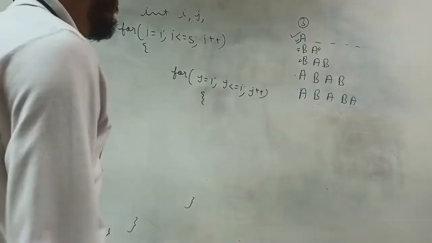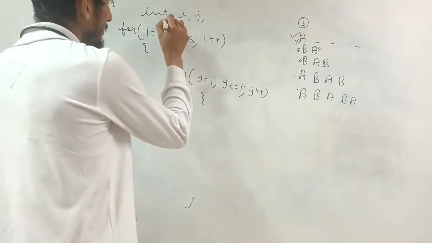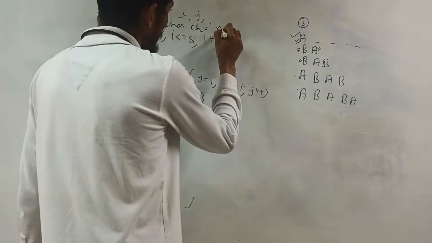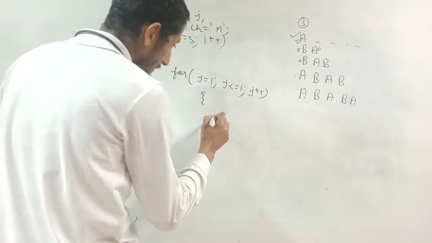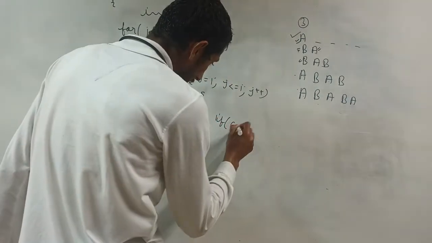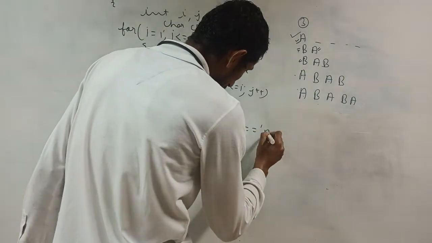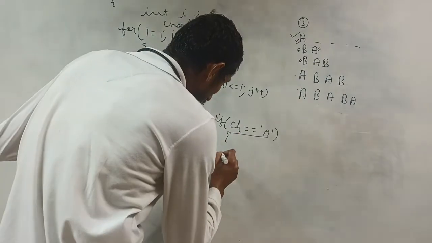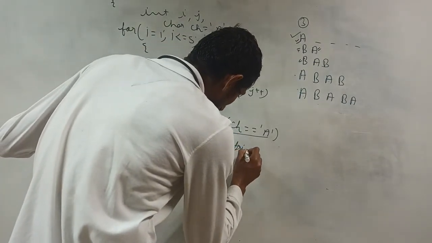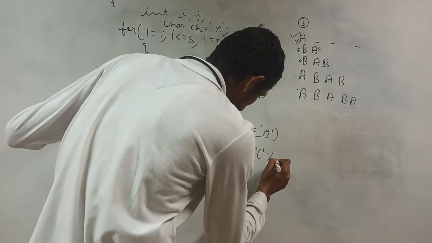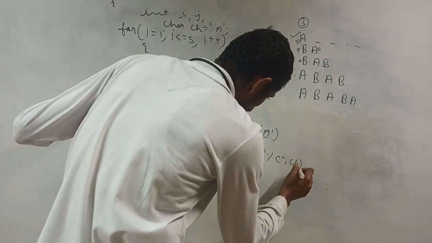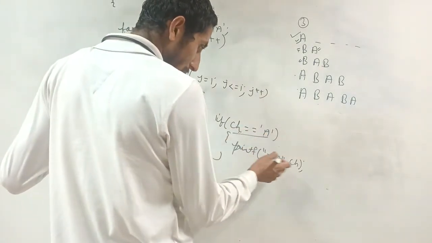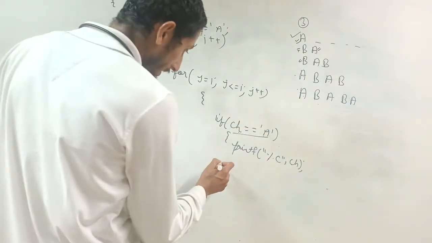So what you have to do is take a variable ch and start with A. Let me write if ch equals A. If the current value of ch is A, you have to print A. What do you have to print next time?